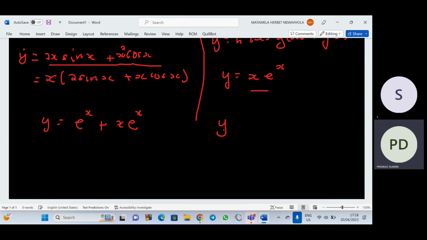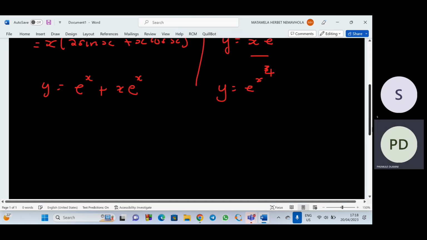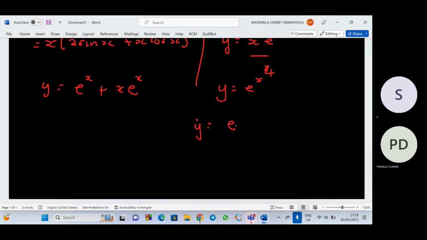Now when we say e to the power x, it also has some other properties that you need to take into account. So if you have y equals e to the power x cubic, or let's use 4 now, e to the power x to the 4. If we have to differentiate this, our y prime is going to be equal to e to the power x to the 4.